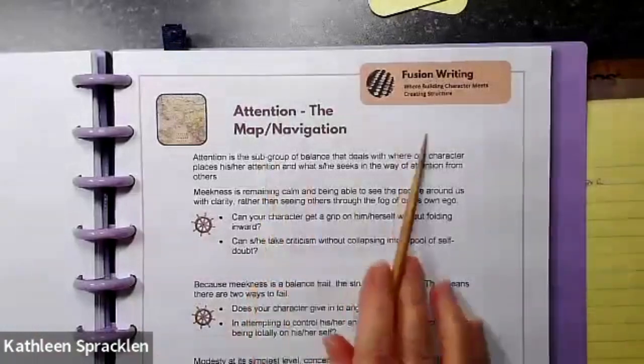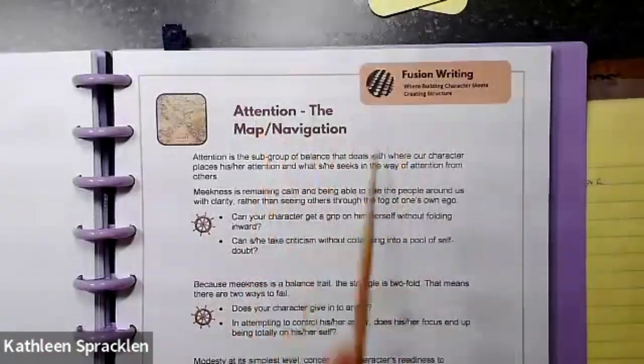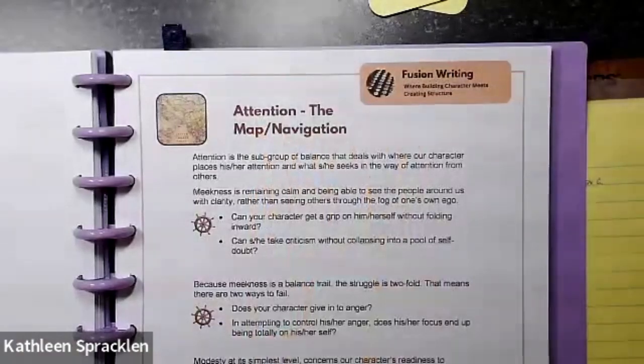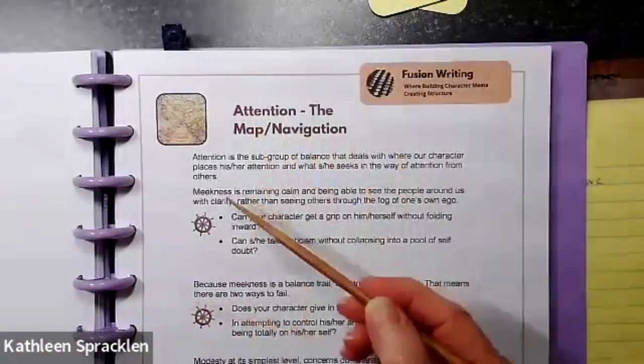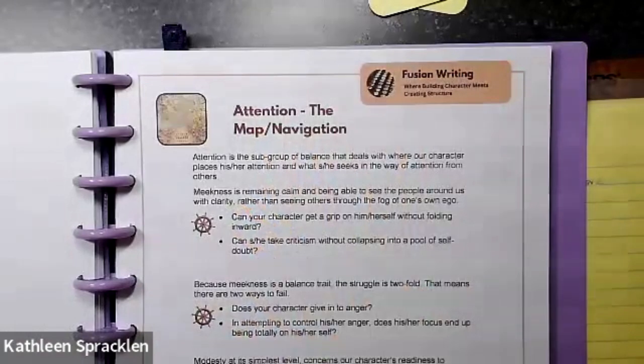So we'll see how this can play out against the other character trait subgroup that we talked about this month, which is the attention subgroup. Now, the attention subgroup is interesting. It has two character traits, meekness and modesty. And the funny thing is that the way we use those two terms is somewhat the same as the way they're used when we're talking about a character trait.